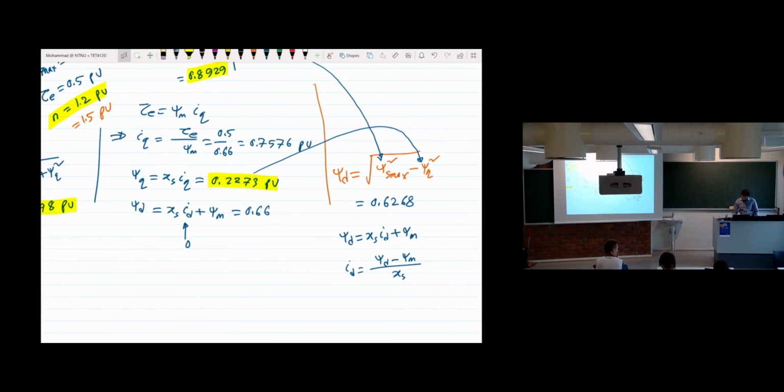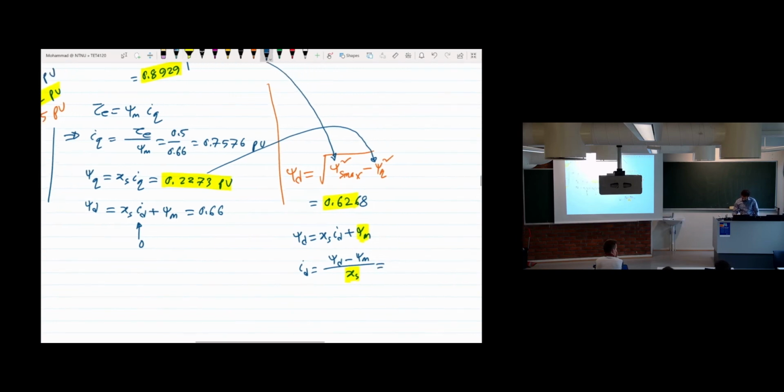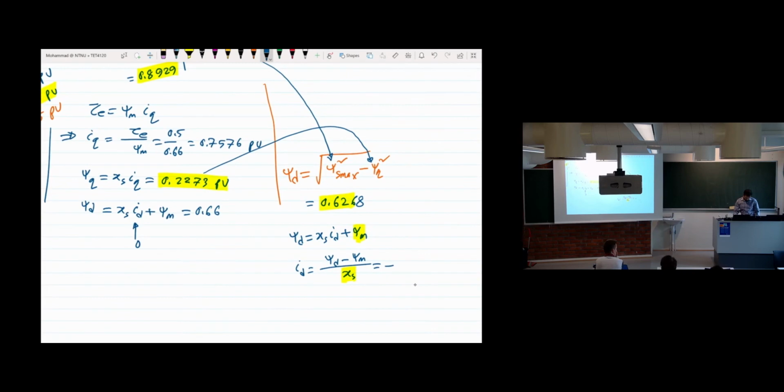If we insert all of these values, psi d, psi q and psi s, you will see that we get the current, and this current is 0.1107. So we need to have this amount of negative d-axis current to operate the machine at the speed that we want.